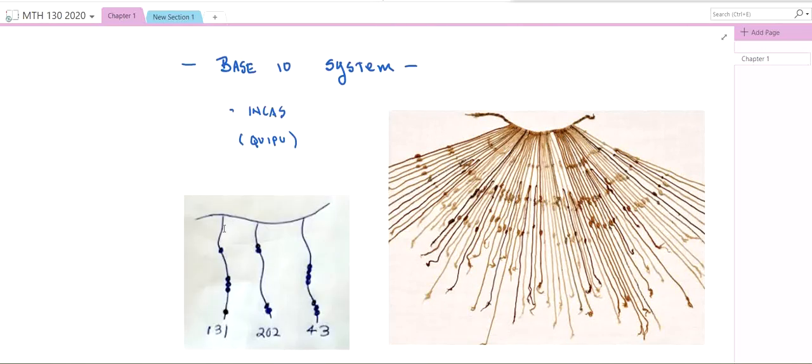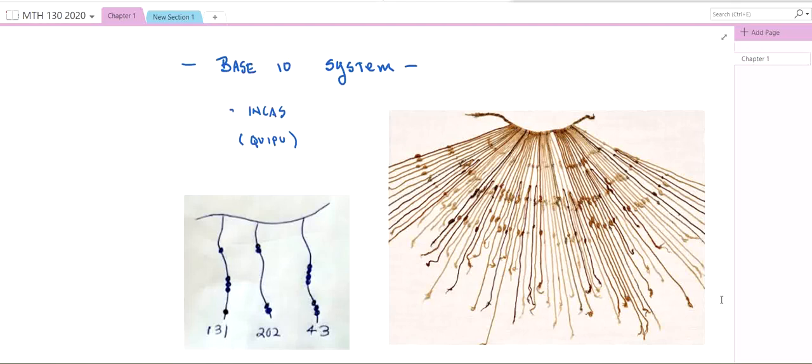So the way you would use this is that you would count the knots, and the knots were spaced out in such a way that the bottom knot was the ones, the second group of knots was the tens, and the third group of knots was the hundreds. And you could certainly go higher if you wanted to. So you could see this is 131 or 202, because they leave a space for zero. 43 over here.